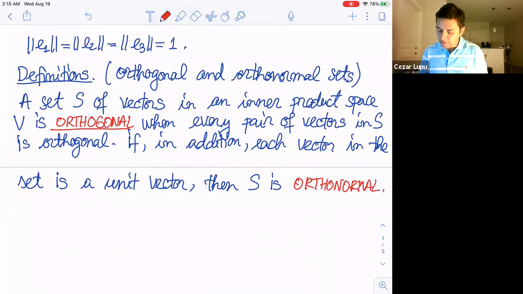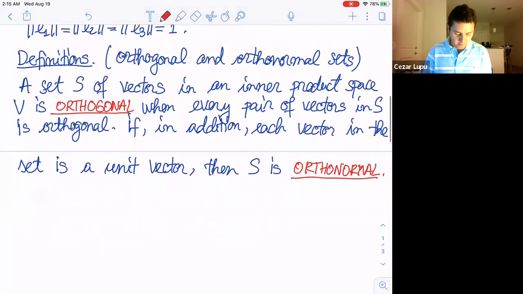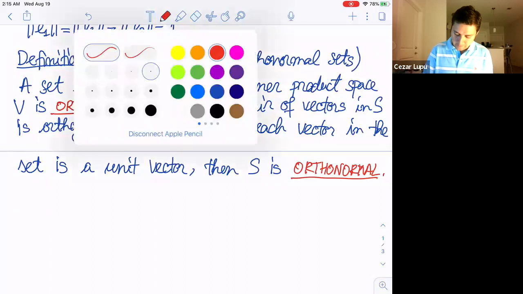Okay, so that's basically the 2 definitions. Orthogonal means that their inner product is 0, right? They're perpendicular basically, and orthonormal means that they're unit vectors. And let me just state it.